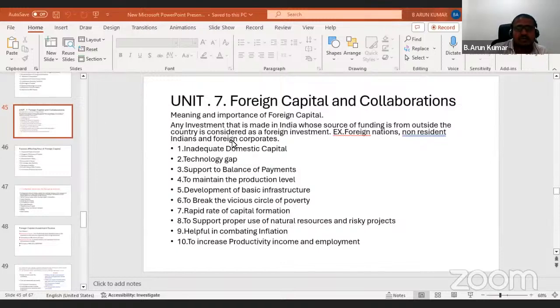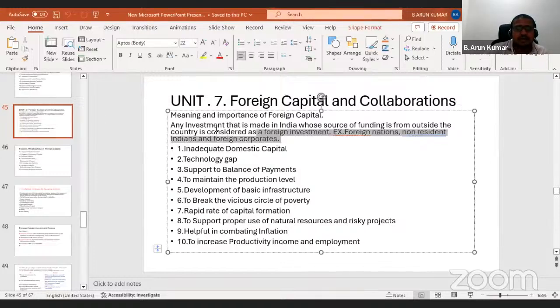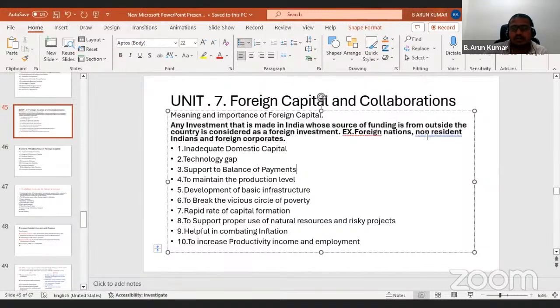So this is the definition of foreign capital. Any investment that is made in India whose source of funding is from outside the country is considered a foreign investment.